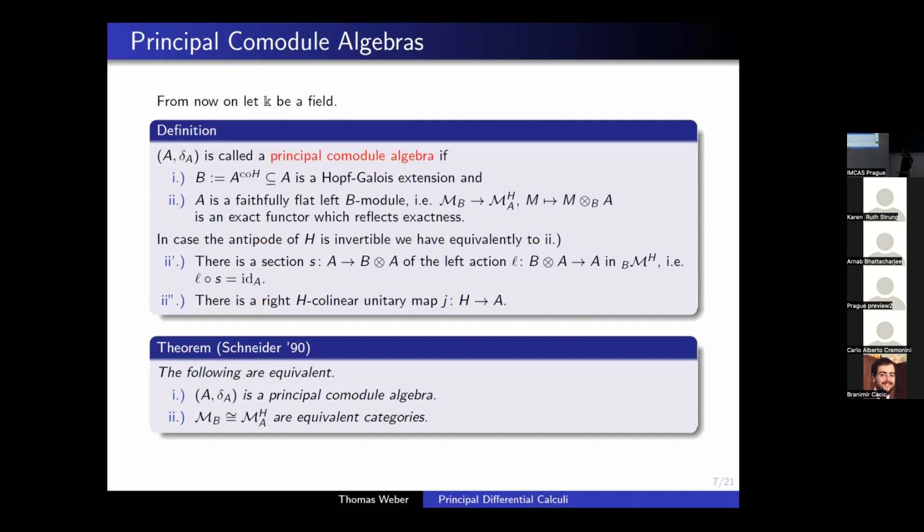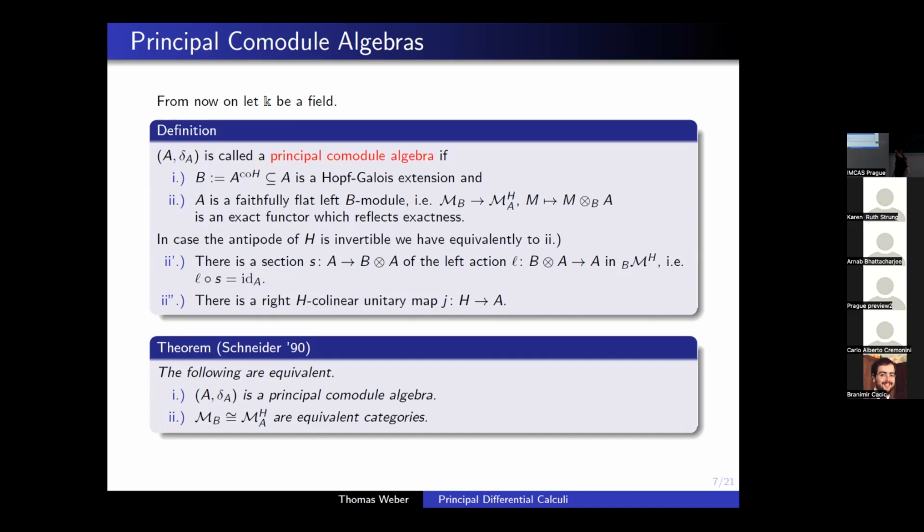What this means is that we are having a functor from the category of right B-modules to the category of relative Hopf modules, this M_A^H. Those are modules that have a right A action and a right H coaction that are compatible in the sense that the coaction is right A-linear.